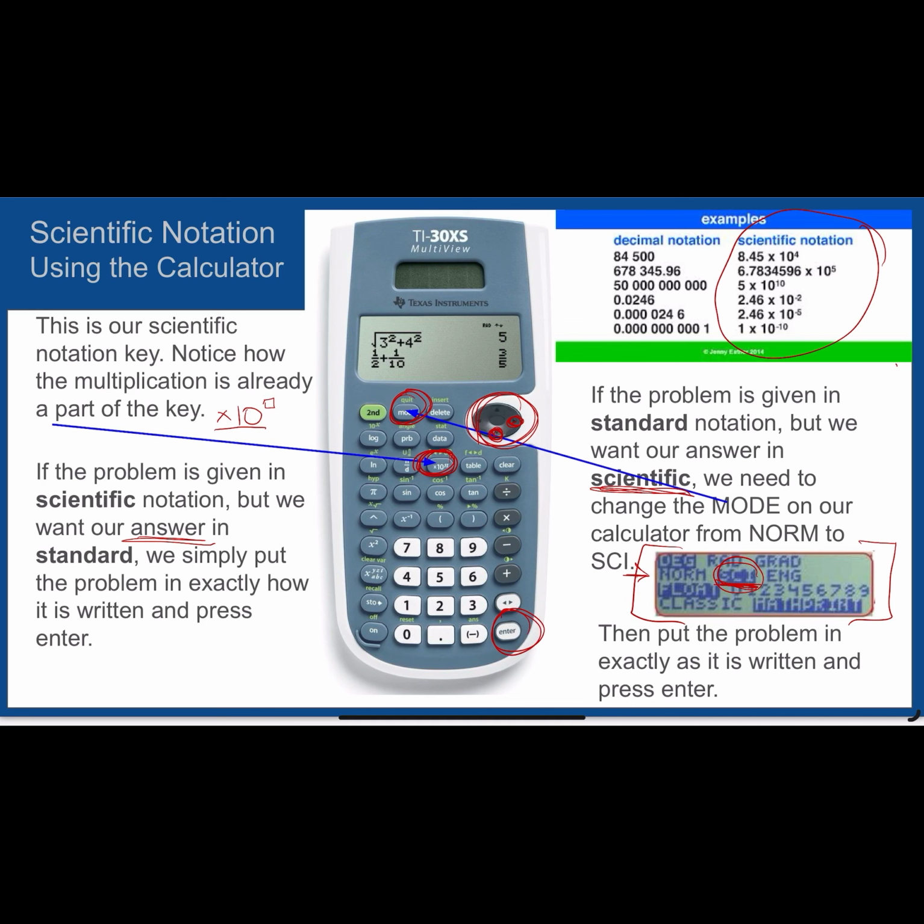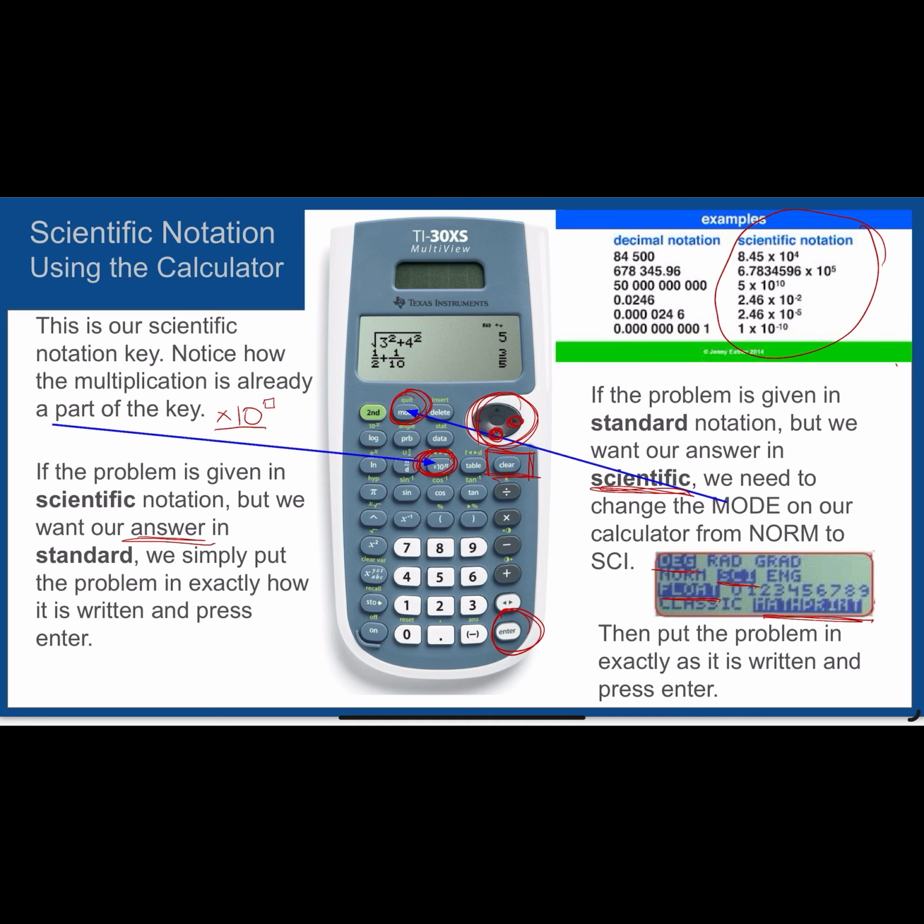And once you press enter, your screen on your calculator should look like this, where it's got degrees, psi, float, and math print. And when you're ready to get back to your number screen to put problems in, you hit the clear button and it will save your data but take you back to the number screen.